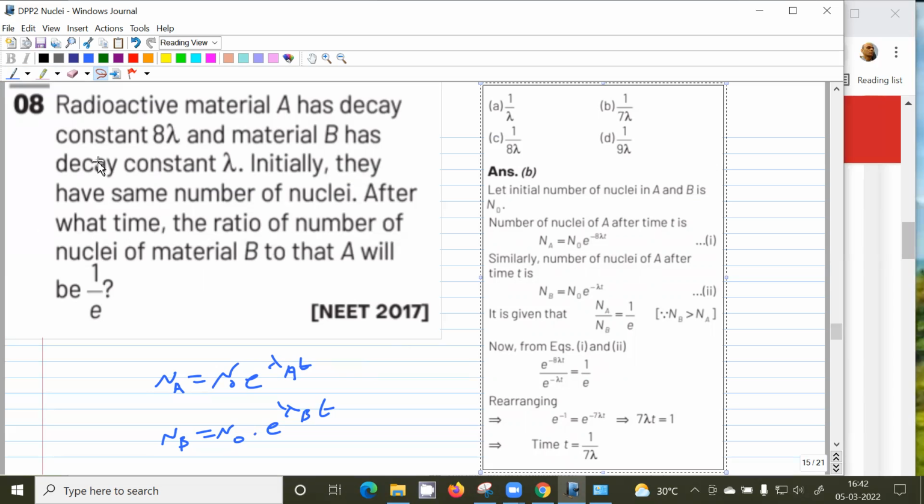A is decaying faster, no? So they have given the question wrong also. Yeah, they made the question A to B. Okay, the question is wrong, but this method is correct. The decay constant of A is more, so A will decay faster. So something less than 1 means it should be A to B. Done?